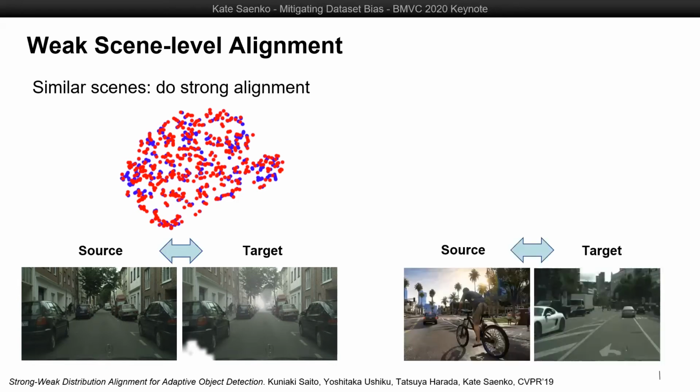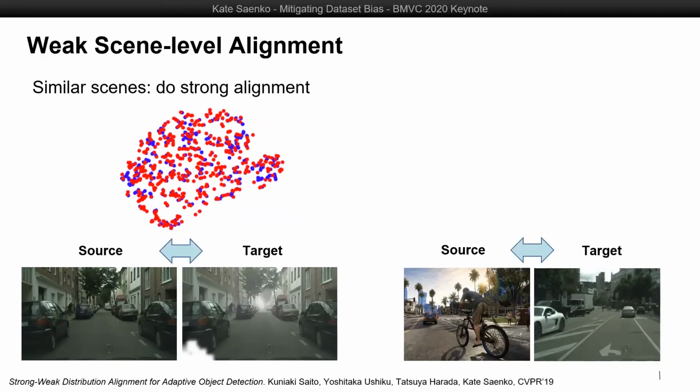But on the other hand, if we had two domains that have very different scene layouts and the numbers of objects are different between the source and target, maybe the locations that objects tend to be in is also different. And here we're doing a task like, let's say, object detection, where objects can be located anywhere in the image.